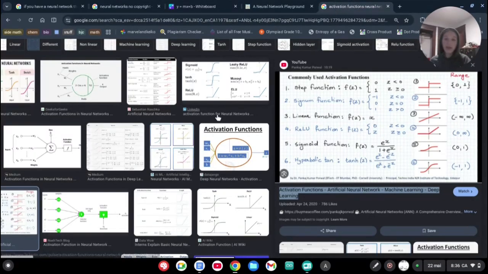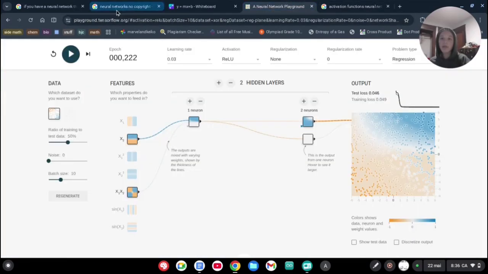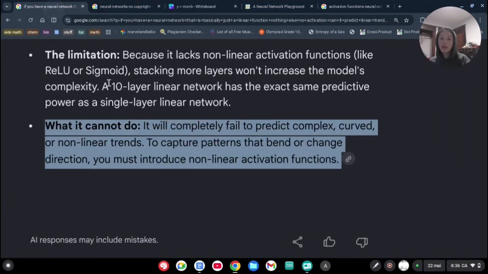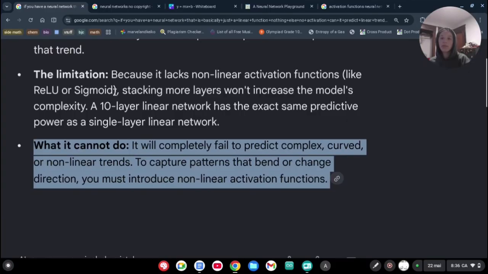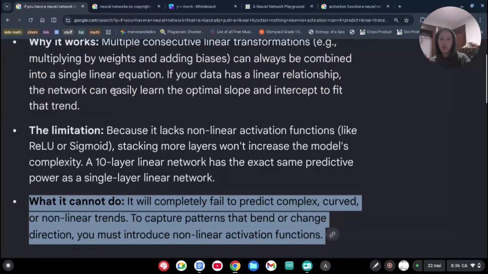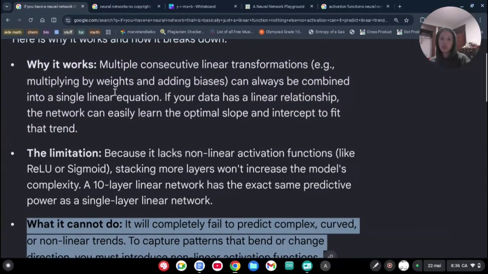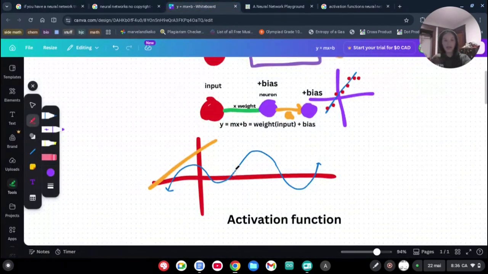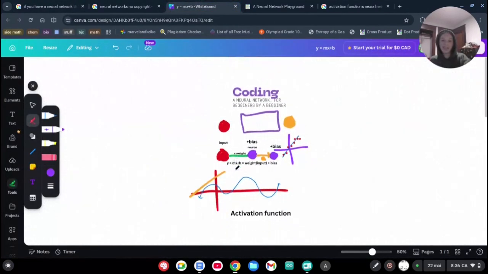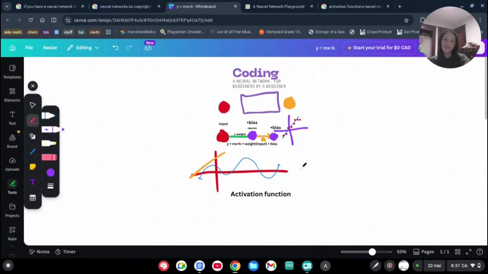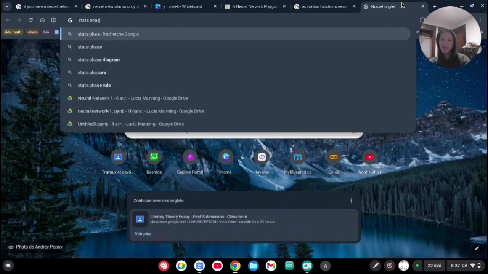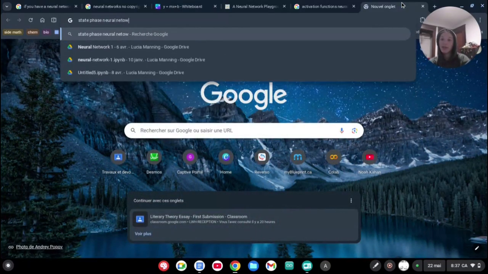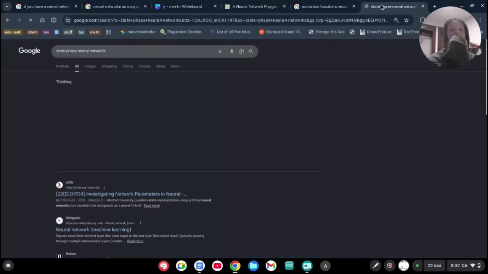Okay, and then what? Is this enough to try and begin to code one? I don't know. Should we get into state space neural networks? Because I'm not sure I get this yet.